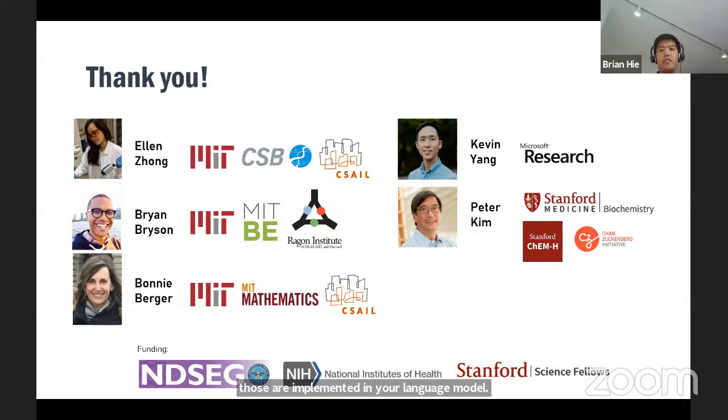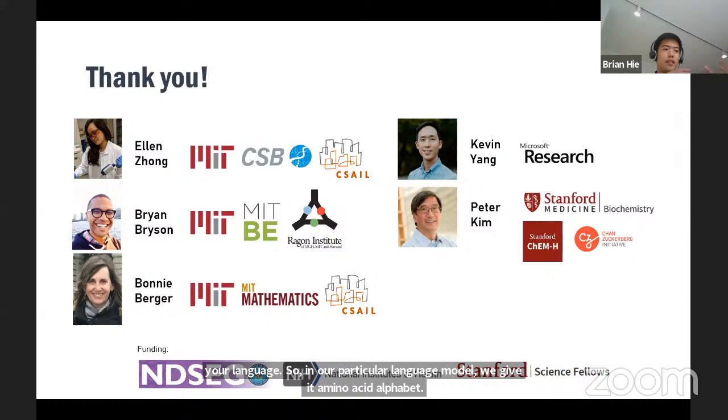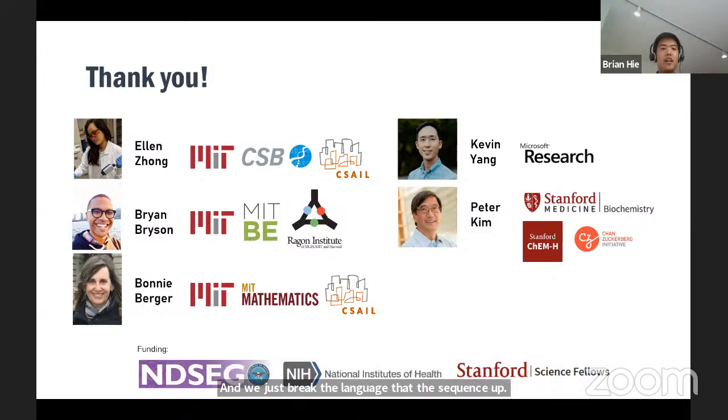Yeah, what's great about these language models is that they're general. So you can use any kind of alphabet in your language. In our particular language model, we give it an amino acid alphabet, and we just break the sequence up according to amino acids. But you could just as easily train a nucleotide level language model where you just use 4 characters in the alphabet.